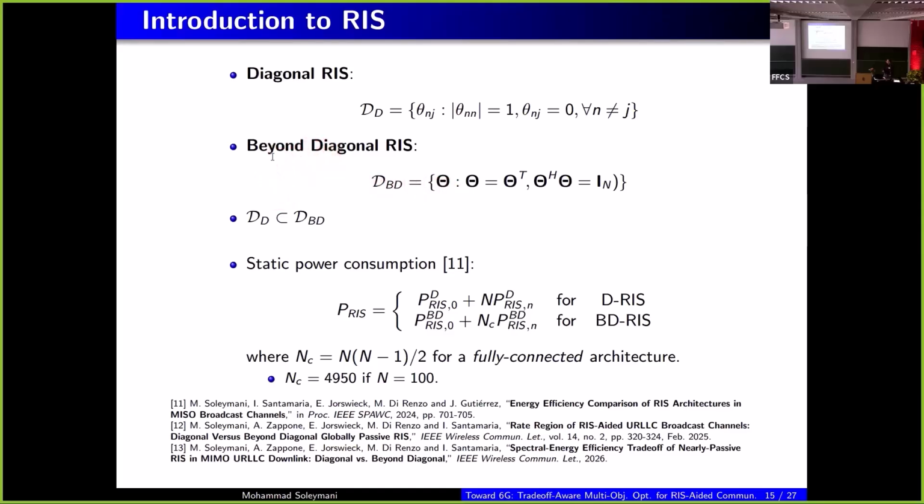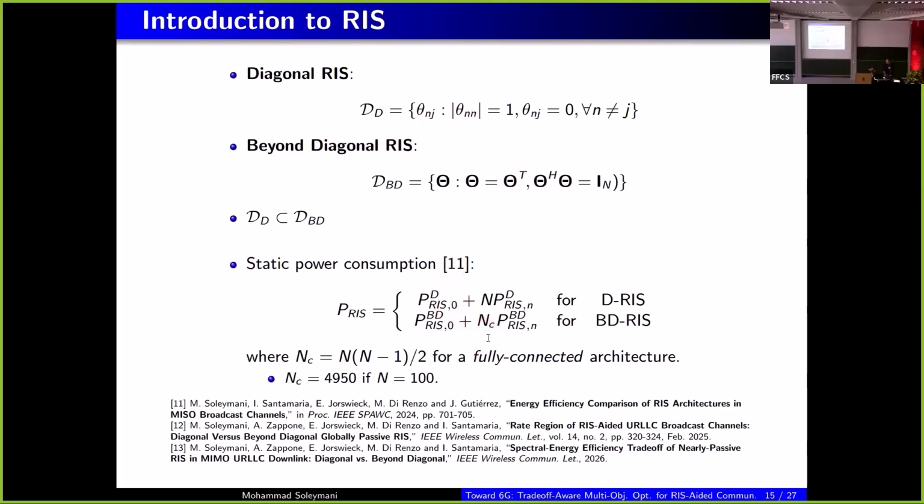What is important here is that if we look at, for instance, single objective optimizations, adding complexity would improve the performance. But if we want to consider more trade-offs in the system, and you add more complexity, making the scattering matrix, for instance, non-diagonal, you also have to have a circuit design.